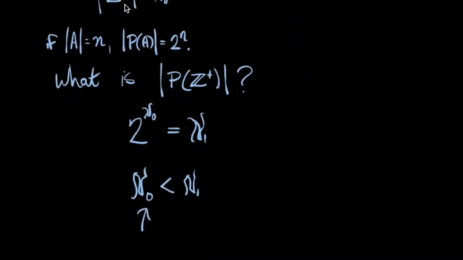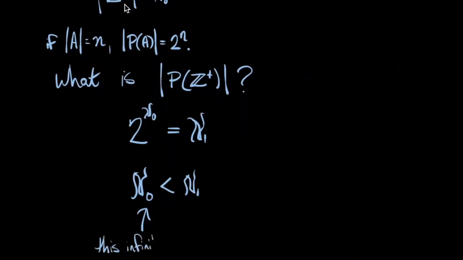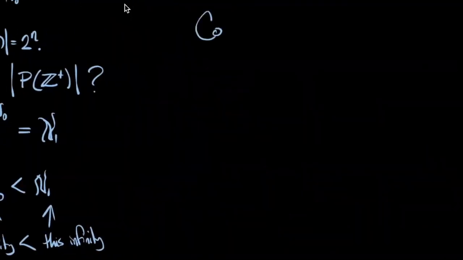This infinity is less than this infinity. And we know that's true because one is a power set and one's not. So now what if we consider the power set of the power set of Z plus?